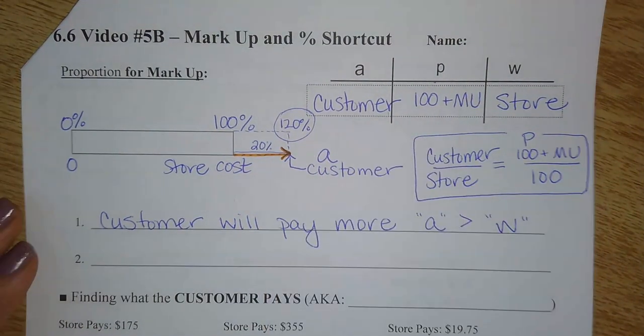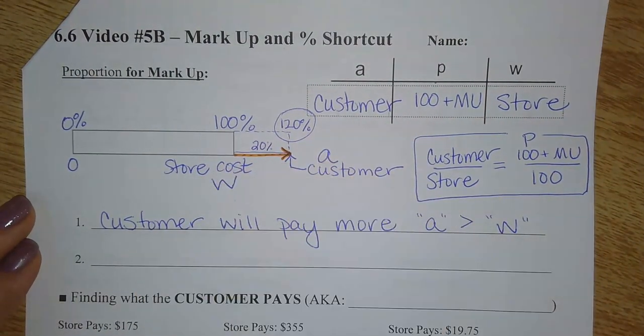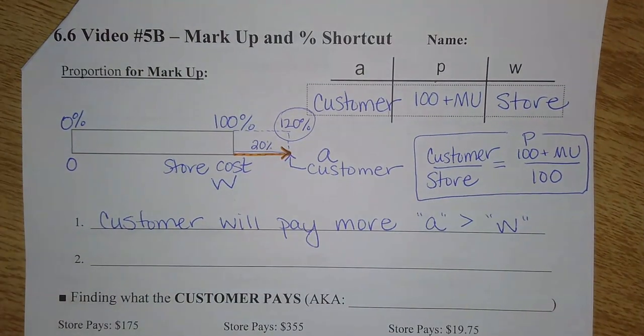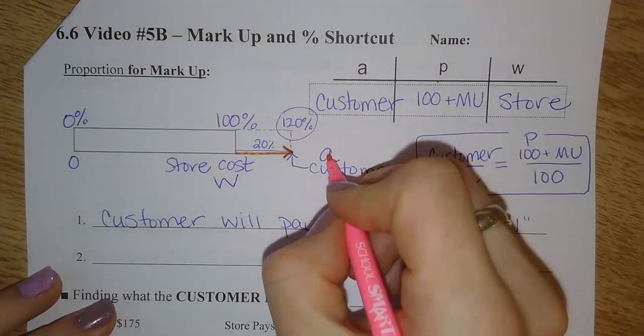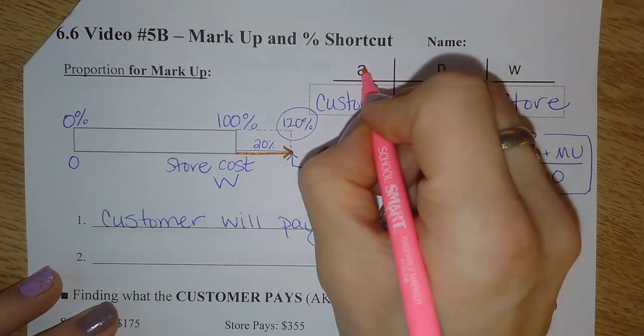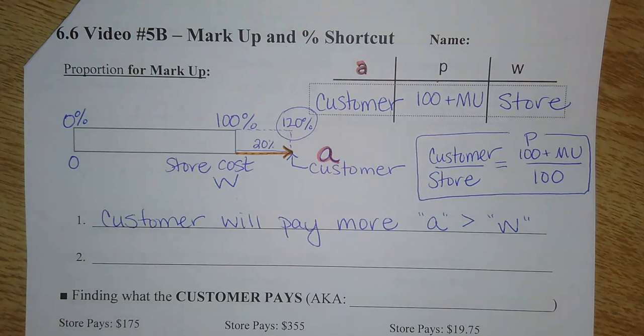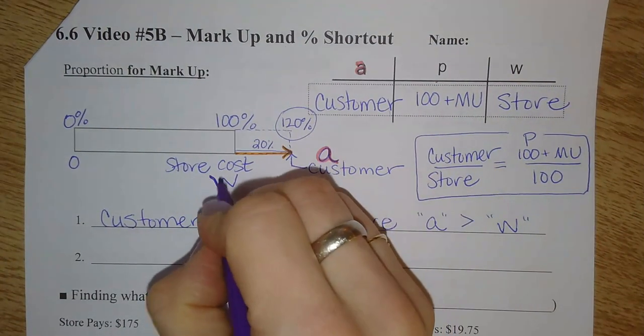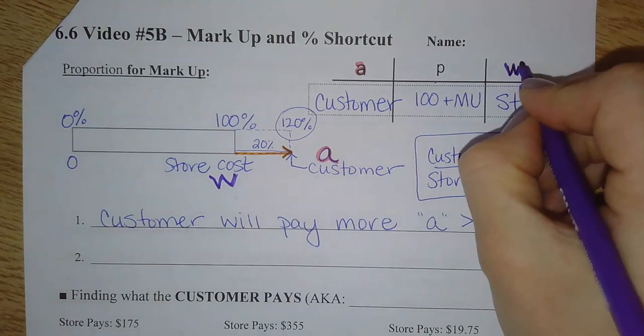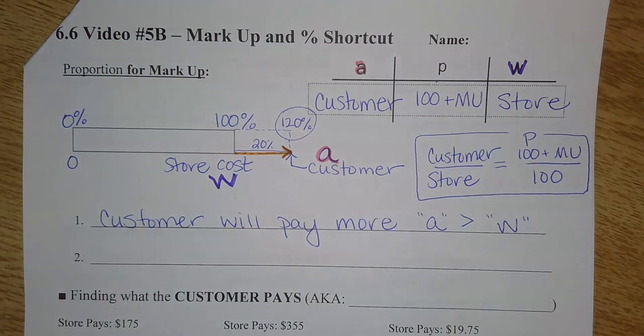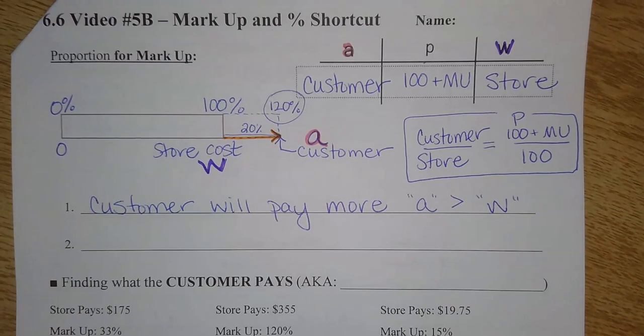The customer is A, and they are paying more than the whole. So let's make sure we get those filled in here. We need to make sure we see customer is A, and store is W.